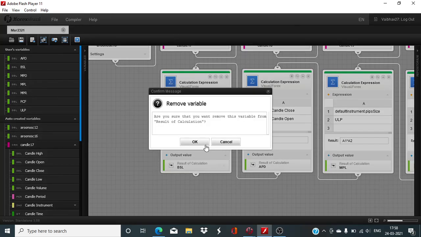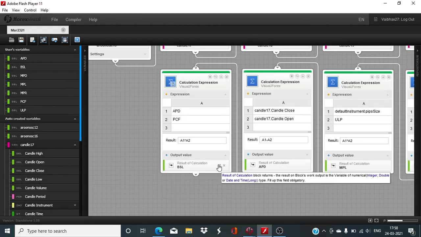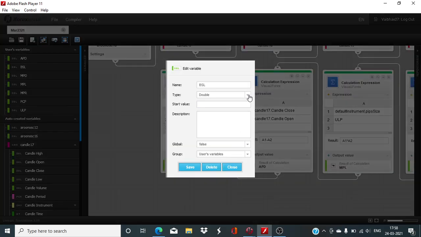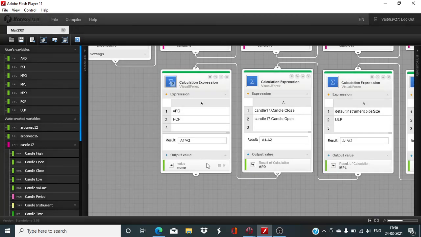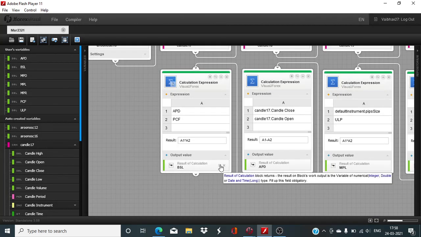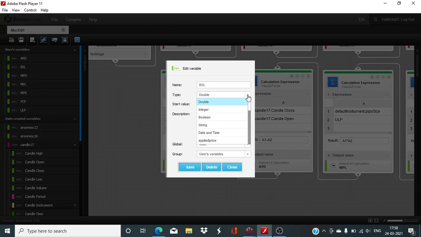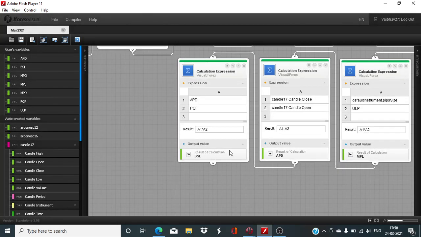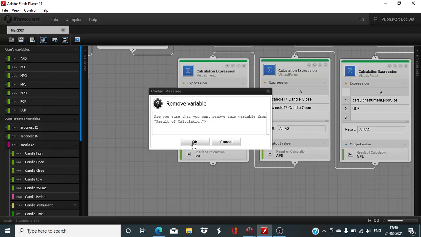And I forgot here, we have to change its data type from double to integer, then only it will work. Let me see if it has been changed. Save. It's not really changing.